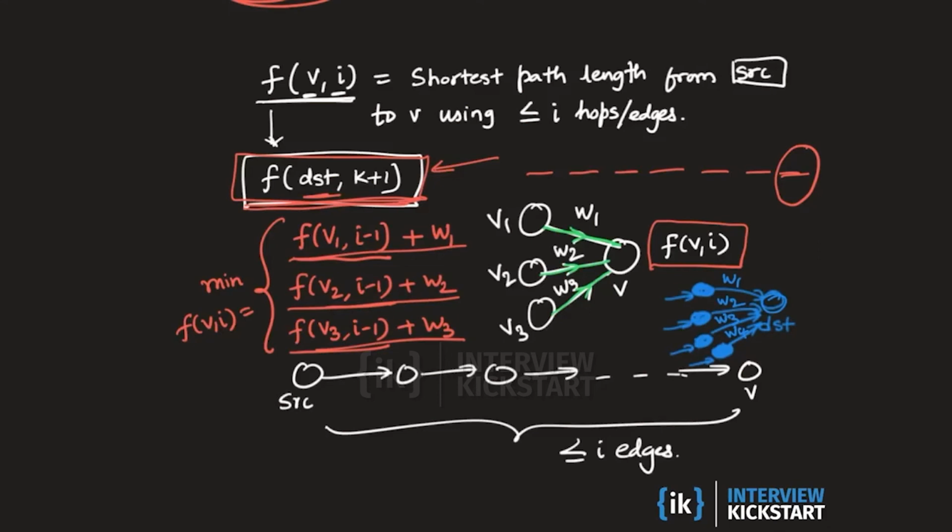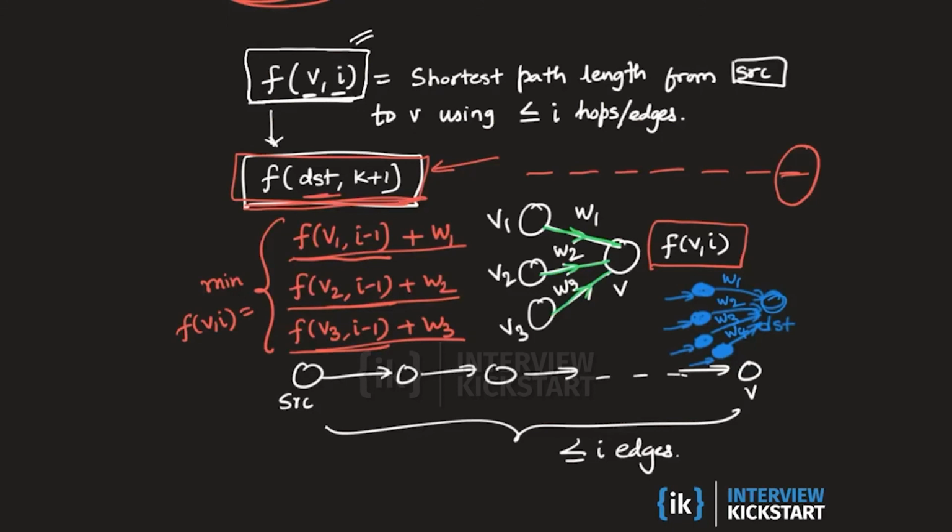So a general worker in this imaginary corporate hierarchy would be trying to calculate the value of f of v comma i for some vertex v and some integer i. And how is that worker going to calculate the value of f of v comma i?